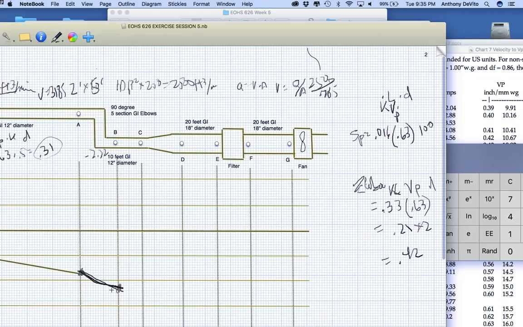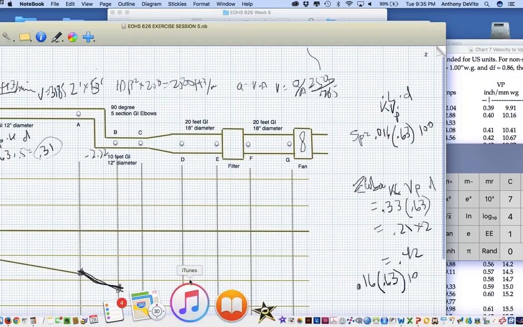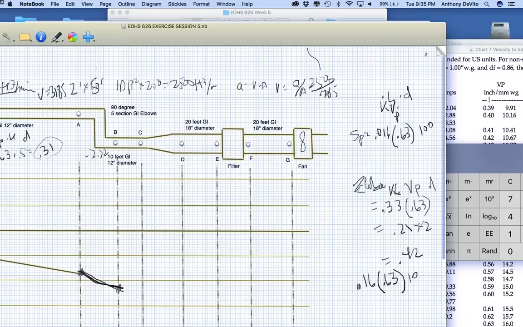Now I have 10 feet of galvanized iron ductwork. Didn't we just look up the K for that? What was the K factor for that? The K factor was 0.16, right? So the static pressure loss is going to be 0.16 times 0.63, the velocity pressure, times the length of the ductwork, which is only 10 feet. Oh, actually, the K factor was 0.016.